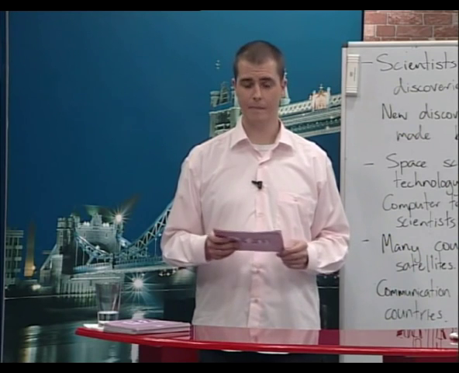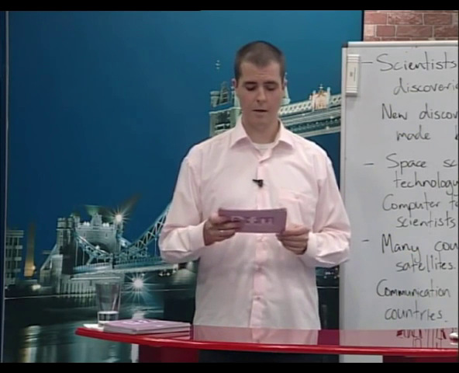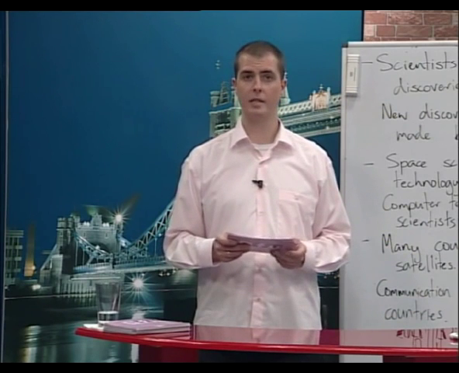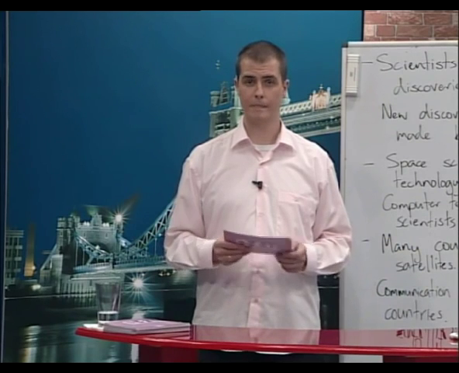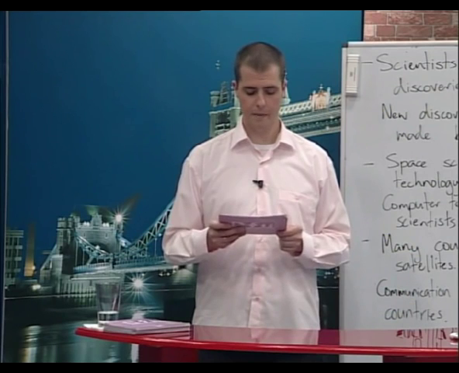Has a new planet been seen? Number 3. The Earth is orbited by one moon. Number 4. Sunlight is reflected by a mirror. Number 5.